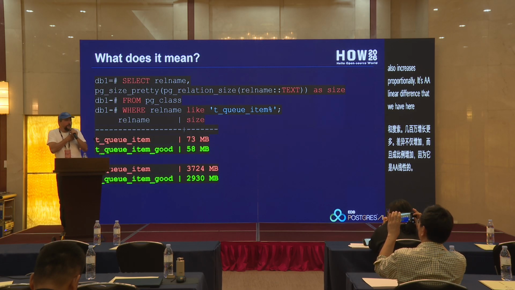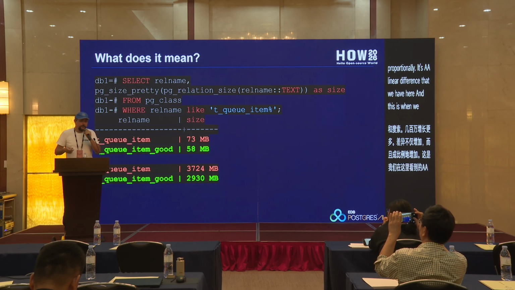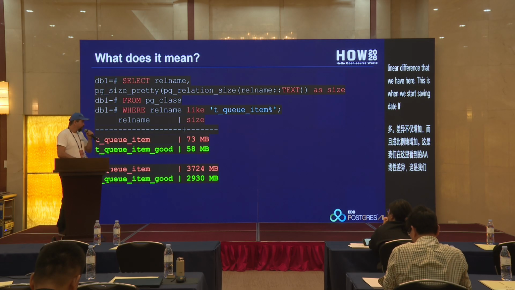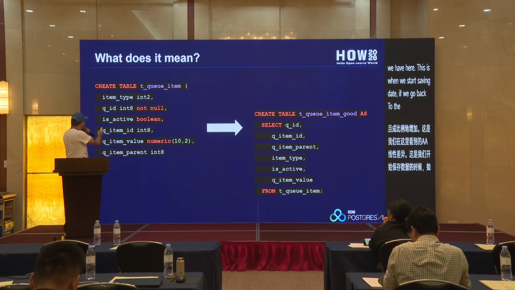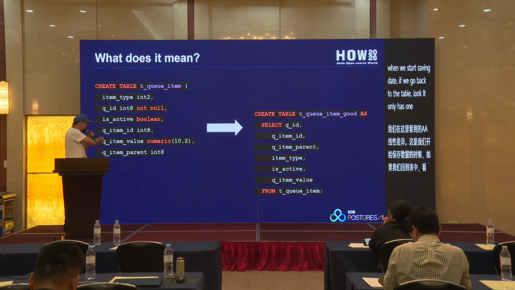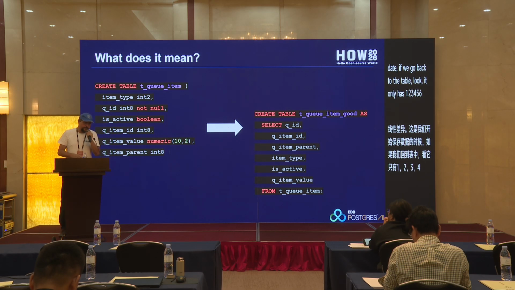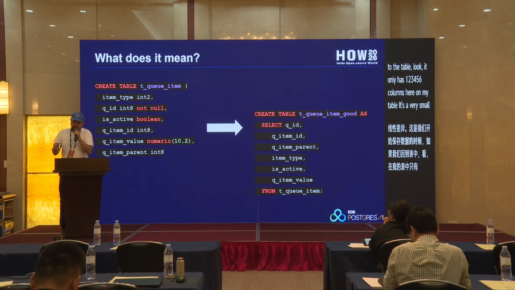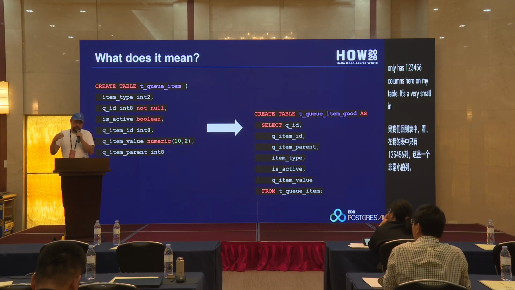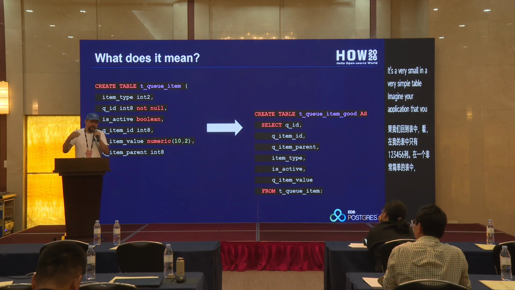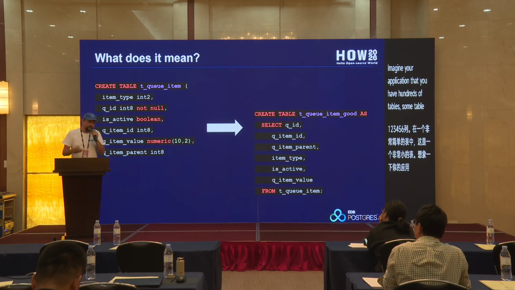And this is when we start saving data. If we go back to the table, look, it only has 1, 2, 3, 4, 5, 6 columns here on my table. It's a very small and a very simple table. Imagine your application that has hundreds of tables. Some tables might have hundreds of rows.